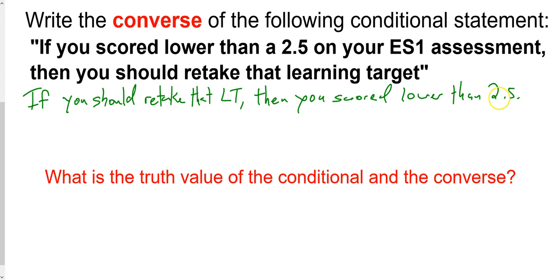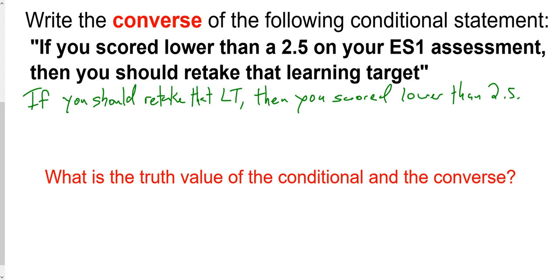So of the original conditional, if you scored lower than a 2.5 on your ES1 assessment, then you should retake that learning target. We should all agree that that is a true statement. That if you got a C, D, or F on your ES1 assessment, you should retake that so that way you gain that knowledge and can have a chance at doing well in the rest of the class, because that was really foundational learning that we had there. For the converse, the converse says if you should retake that learning target, then you scored lower than 2.5.